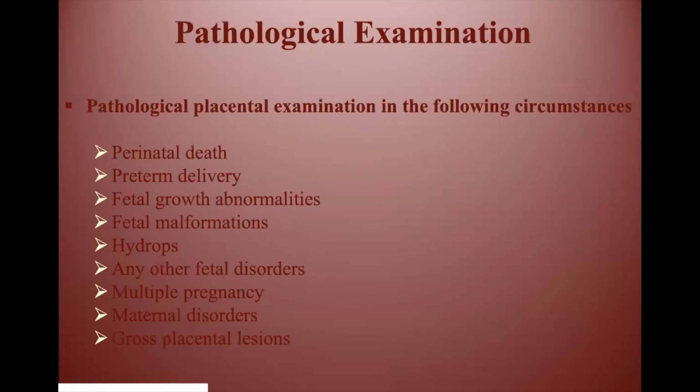We have to do it when we have prenatal death, preterm deliveries, fetal growth abnormalities, fetal malformations, hydrops, any other fetal disorders, multiple pregnancies, maternal disorders, and gross placental lesions.